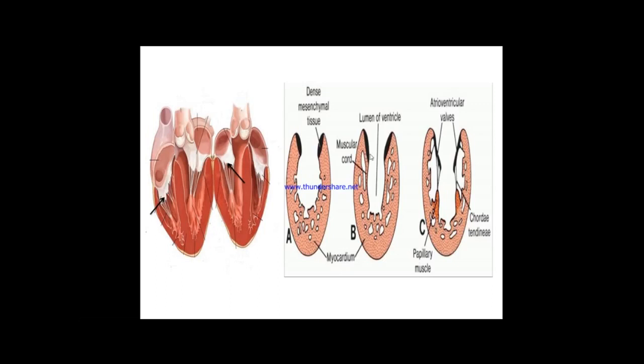So it forms the basis of the AV valves, and they are connected with the ventricular walls by the muscular cords. Later on, these muscular cords degenerate and are replaced by fibrous cords which form the chordae tendineae.